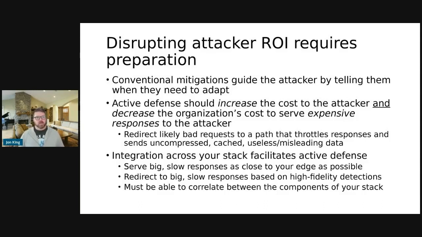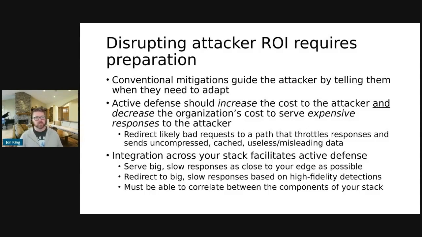So for us to understand how to disrupt attacker ROI, we first have to do the preparation to understand our environment and understand how it will be targeted. And what we're trying to accomplish with this is to increase what the attacker has to do, make it more expensive for them, and decrease what we have to do to serve them more expensive content, right? To make it more expensive.